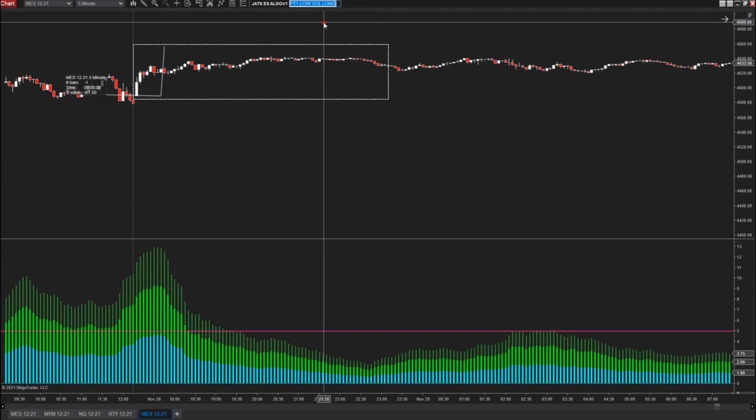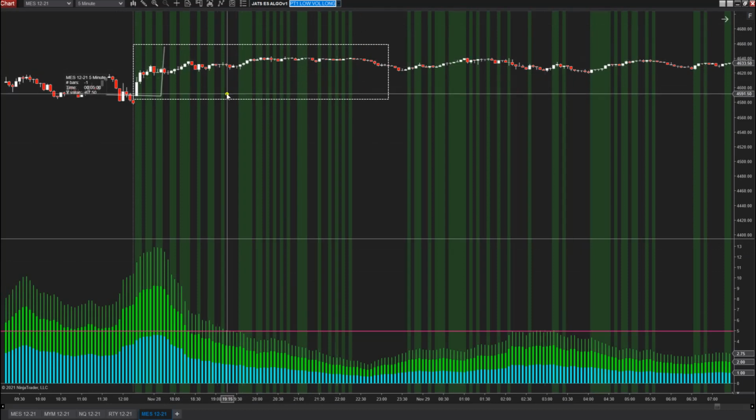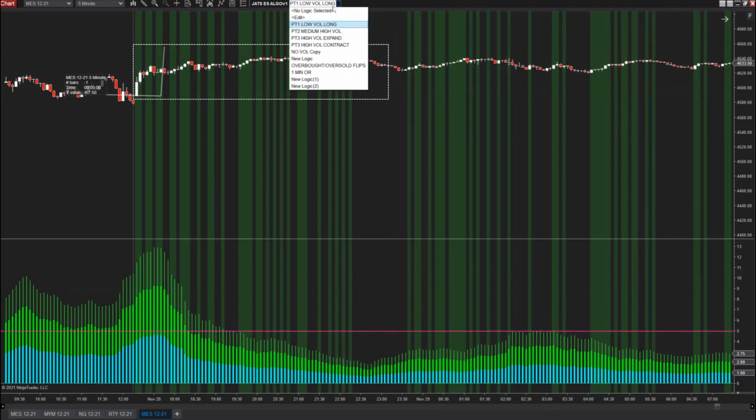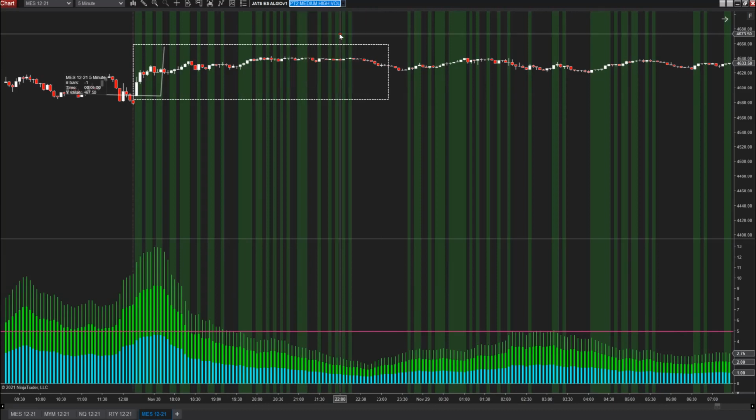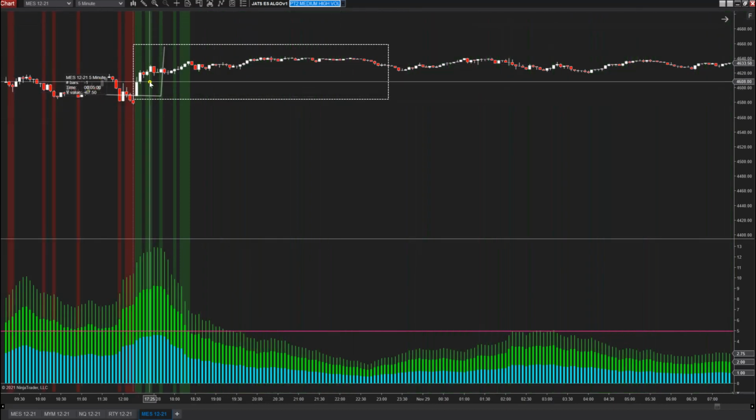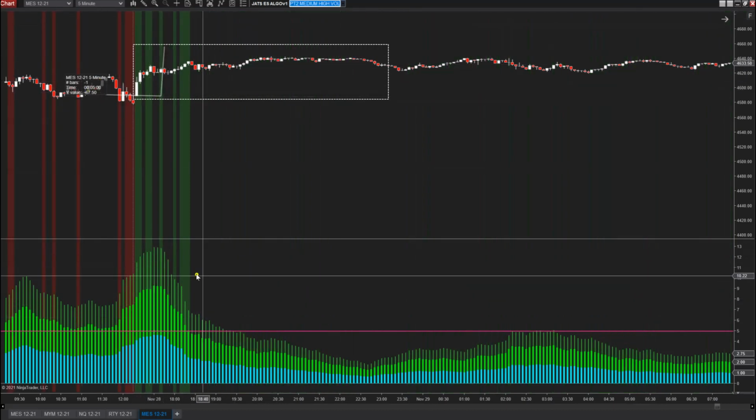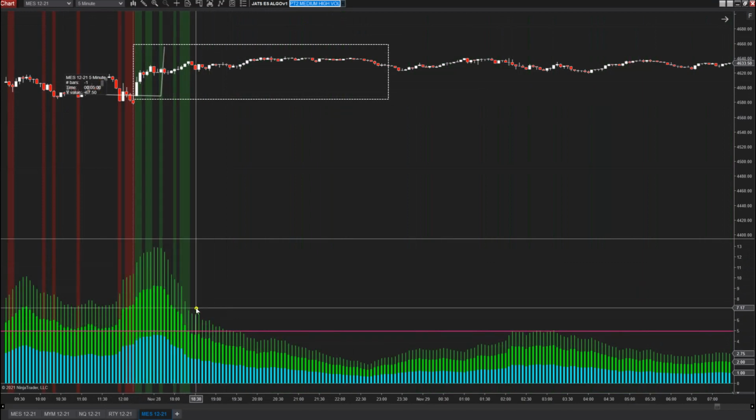I separate my indicators into range opportunities, whether the range is contracting or expanding, and also the threshold of the volatility, whether we have low volatility or high volatility.